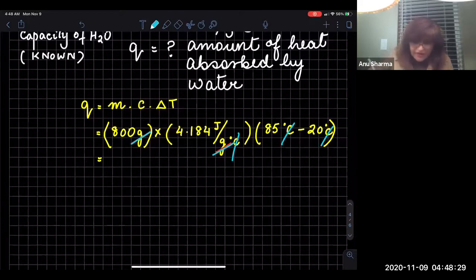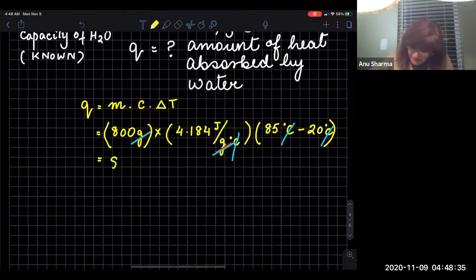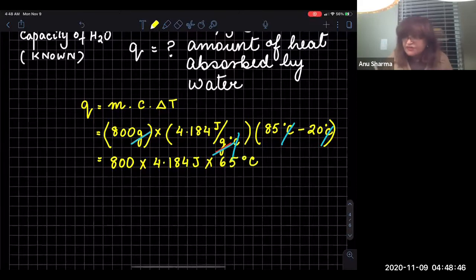So we see that we have 800 times 4.184 joules times, that is 65 degrees Celsius.